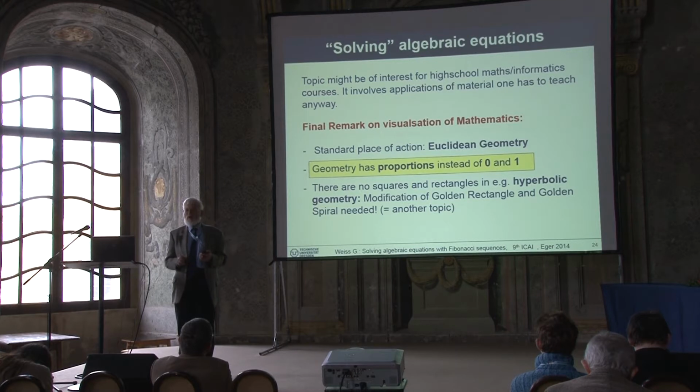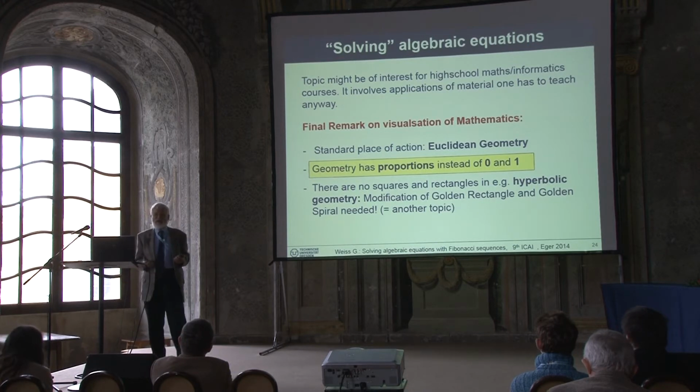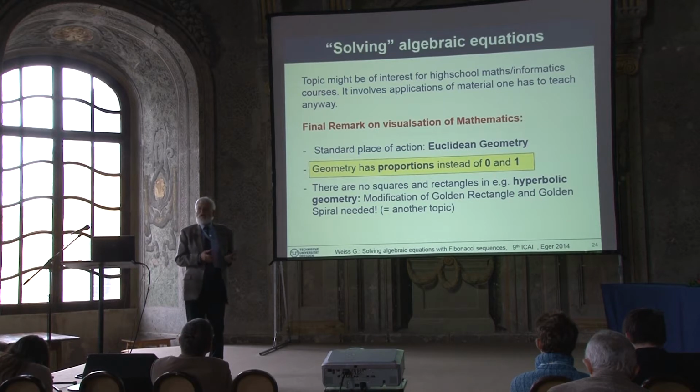Geometry has no 1 and no 0. And this is a big problem, and this makes the difference. We have proportions. The Greeks only had proportions and the commensurability of numbers. This was a matter of proportions.